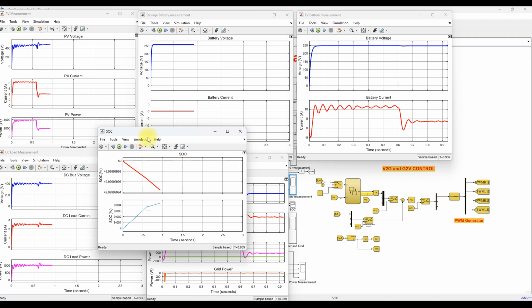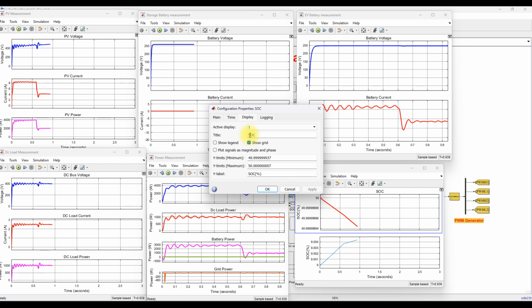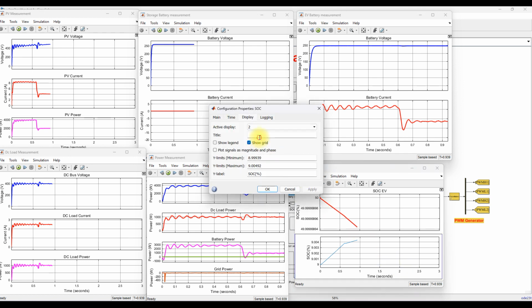Here we can measure the SOC of the batteries. The first one is the SOC of the EV, and the second one is the SOC of the storage battery.